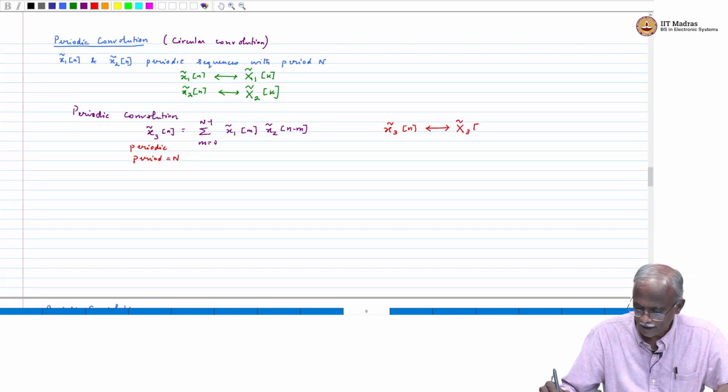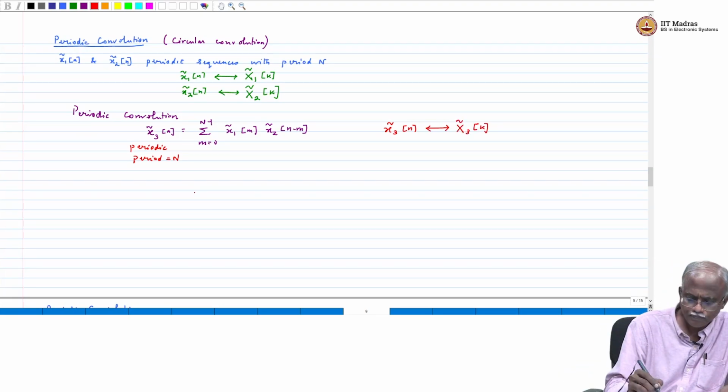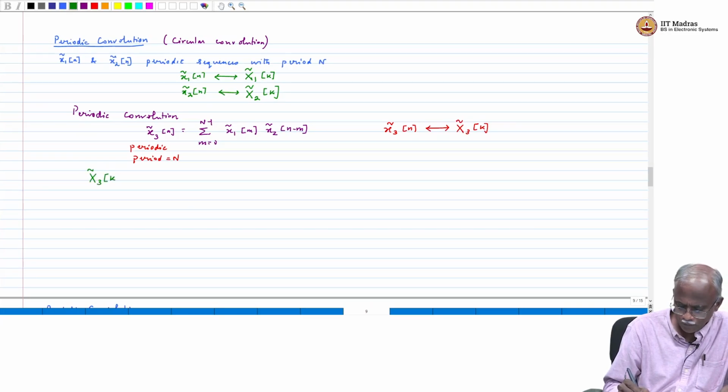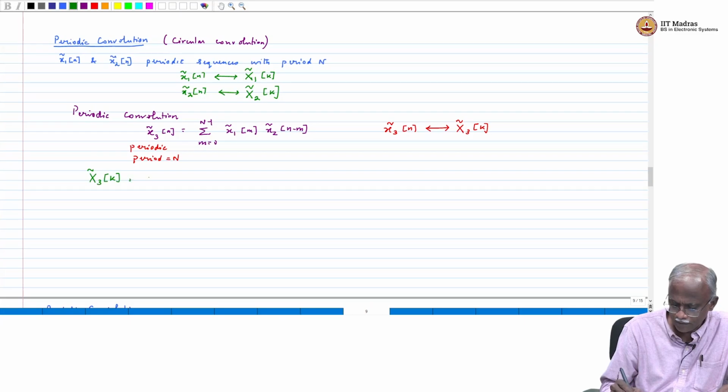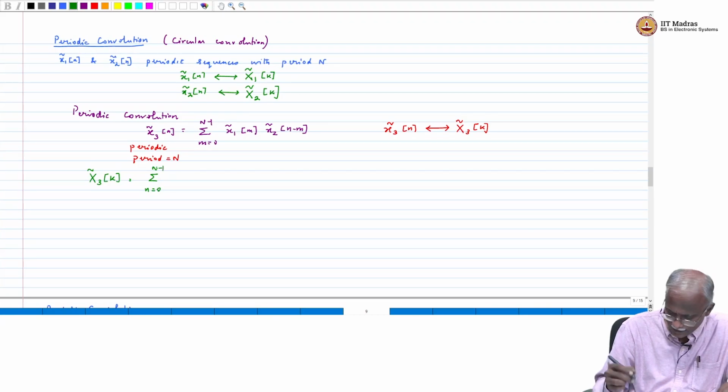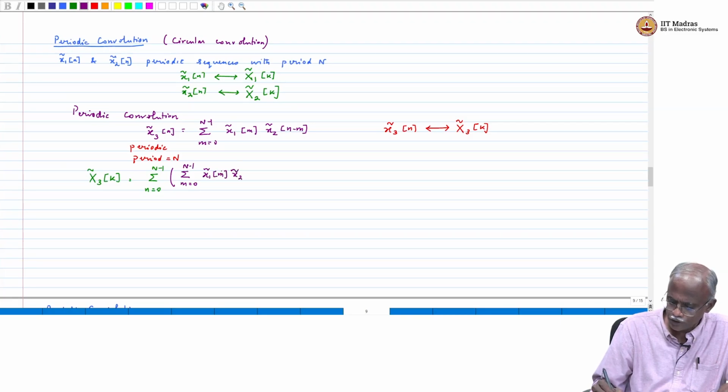So x3 tilde of k, let's write it down. x3 tilde of k is given as summation n equal to 0 through N minus 1, x3 tilde of n. I am going to substitute for x3 tilde of n, summation m equal to 0 through N minus 1, x1 tilde of m, x2 tilde of n minus m.